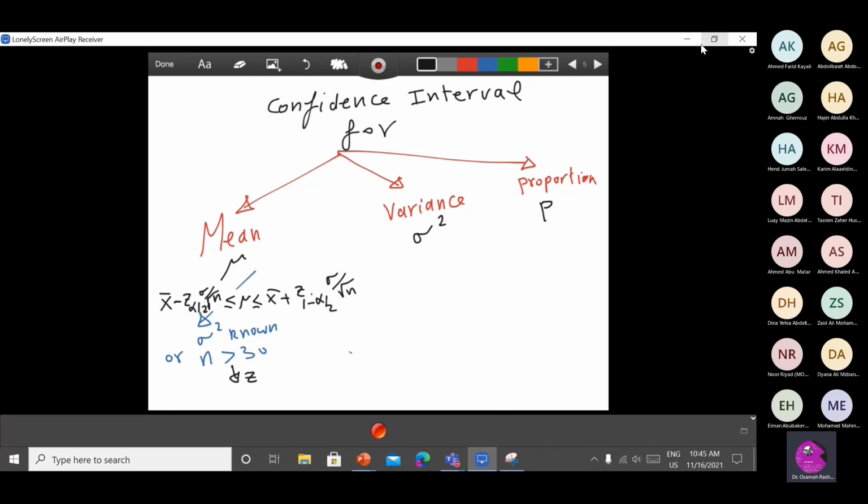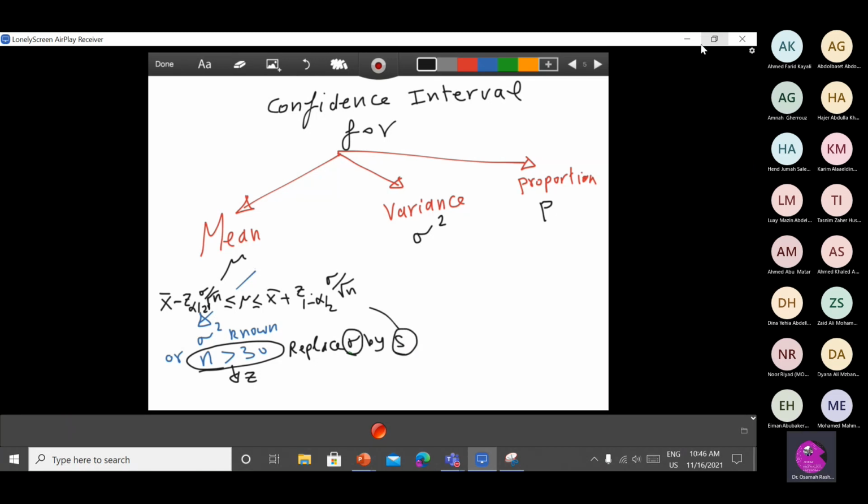If n is greater than 30, you just replace sigma by s. What is the difference? Sigma is the standard deviation of the population. S is the standard deviation of the sample.